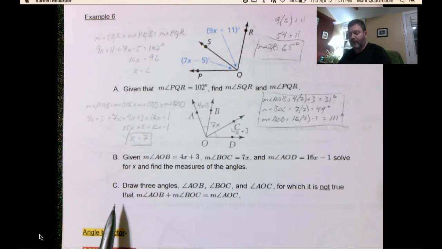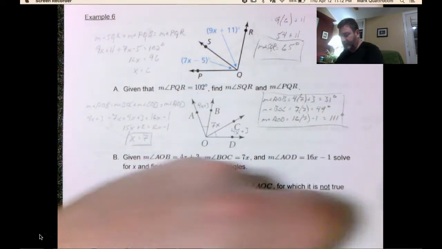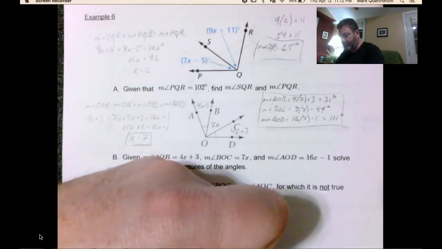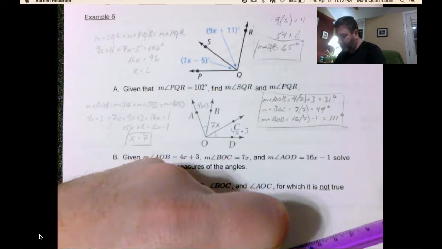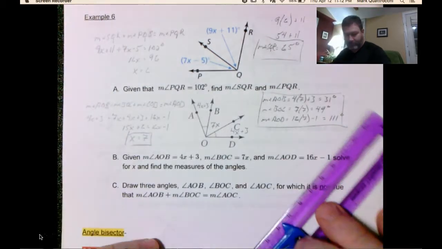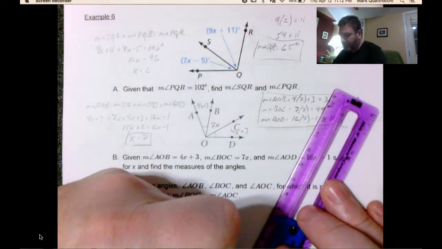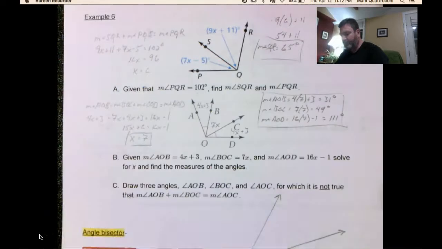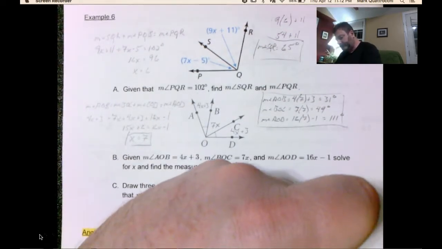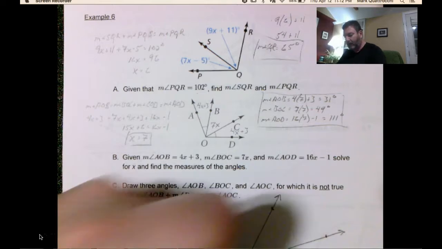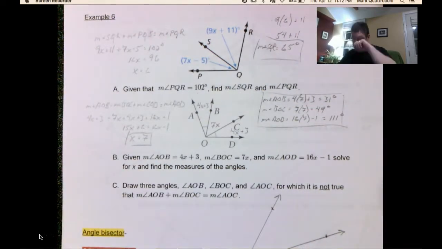Part C. Draw 3 angles, angle AOB, BOC, and AOC, for which it is not true that the measure of angle AOB plus the measure of angle BOC equals the measure of angle AOC. So, let's draw 3 angles. And O is going to be the vertex for all 3 of these angles.